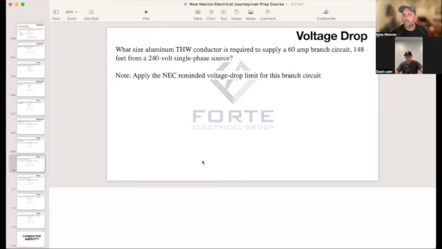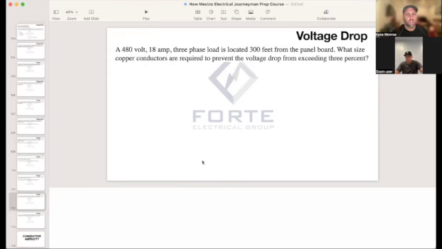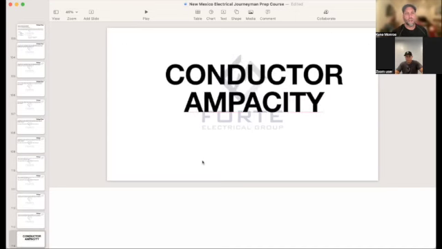You can change your numbers, your lengths, your current, whatever you need to do just to practice, and then you'll get it. You'll just work it 2 times K times I, or 1.73 times K times I, whatever, divided by circular mils or VD, and then go from there.